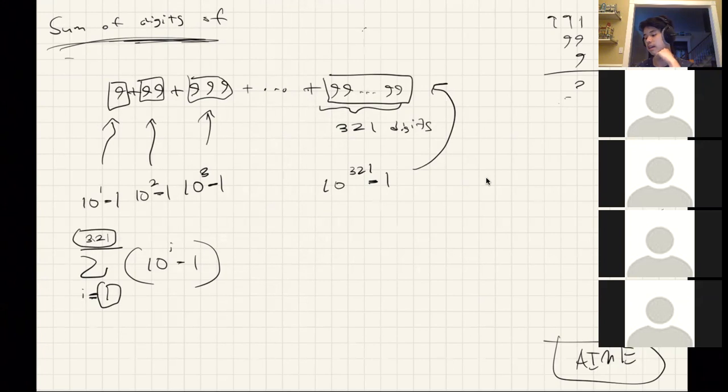The key idea now is to split the summand into two different sums. You might have guessed that one of them is going to be 10 to the power of i, and the other is going to be a constant, minus 1. Don't forget the negative.